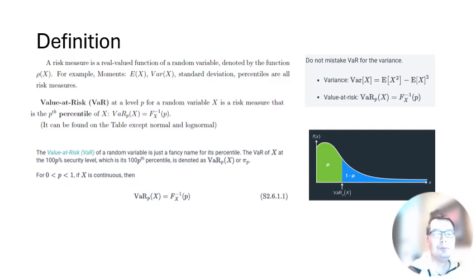Another two notes we want to make: first, value at risk is not the same as variance. Variance is just what we learned before. It's a kind of moment, and value at risk is a percentile.